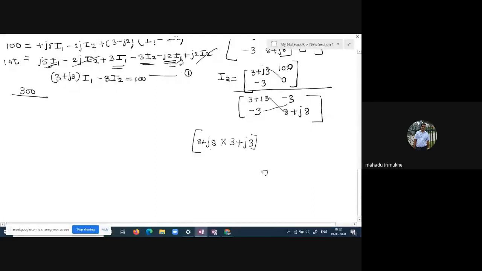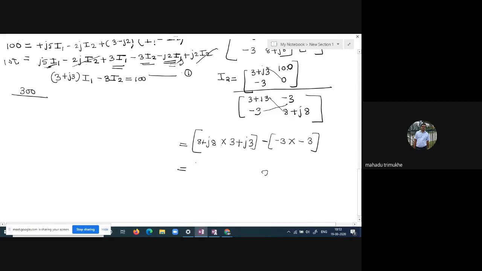Okay, then minus 3 multiplied by minus 3. So you have to solve this determinant.